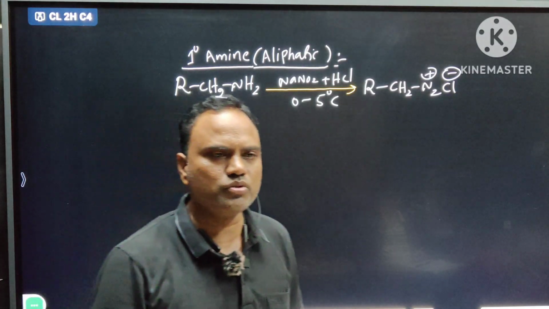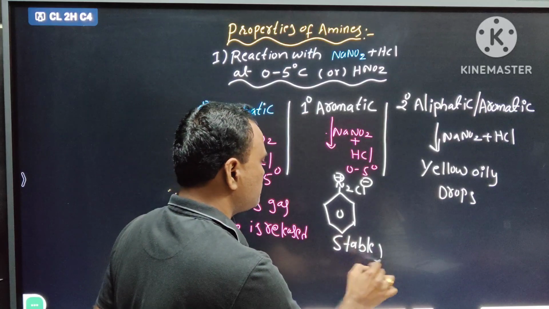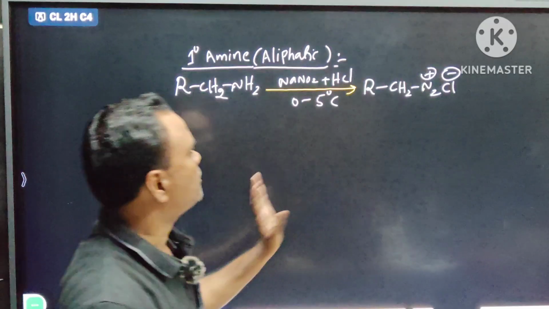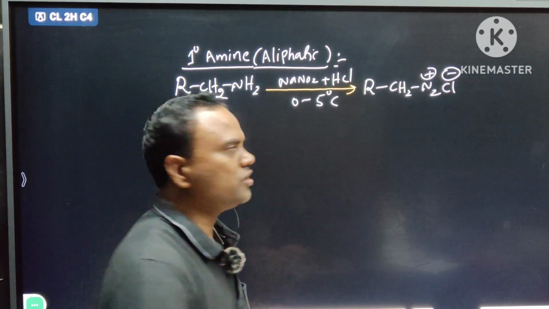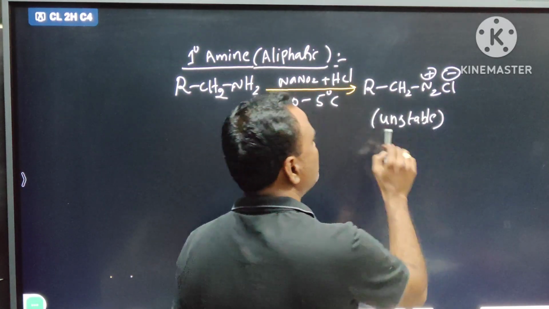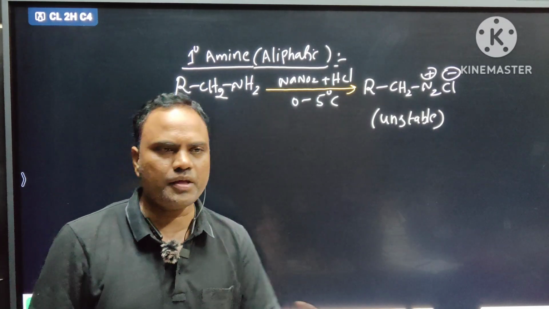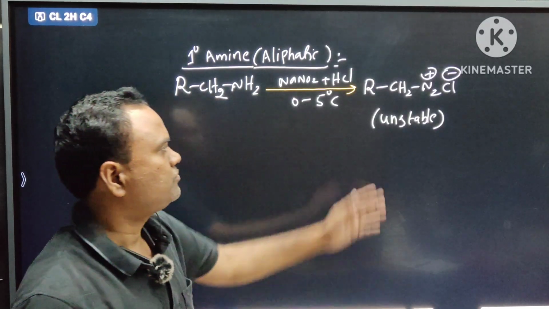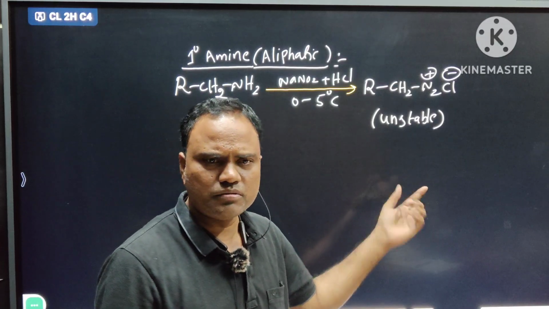Primary aromatic produce stable diazonium salt, that is benzene diazonium chloride. Primary aliphatic produce unstable diazonium salt. I said this is unstable.